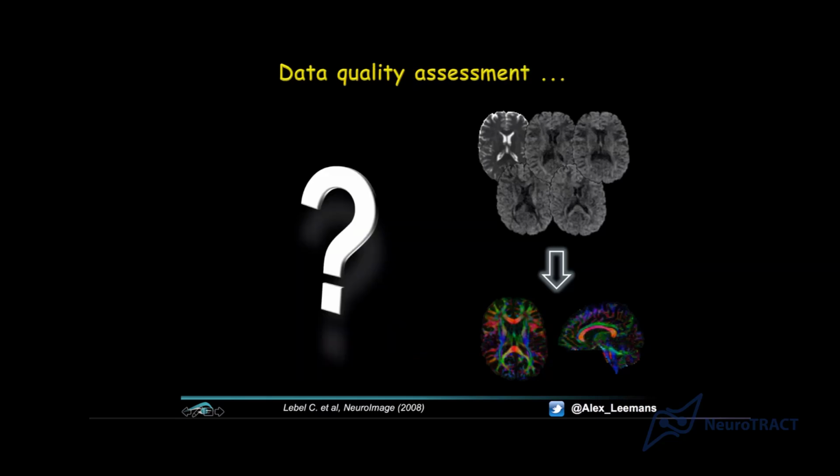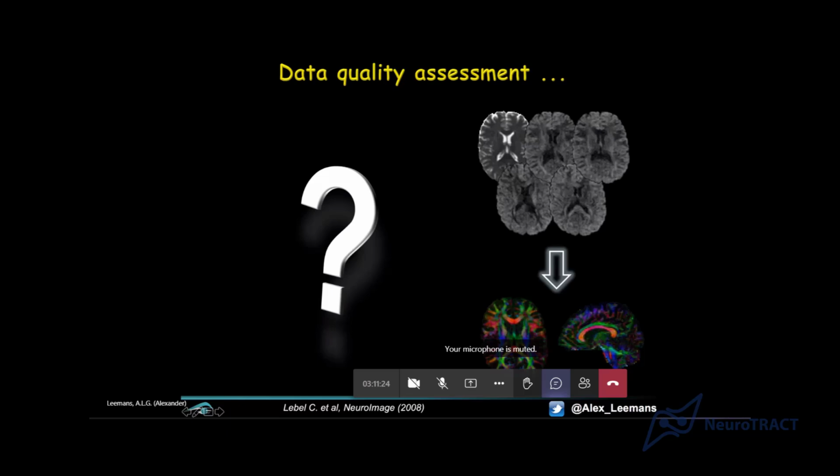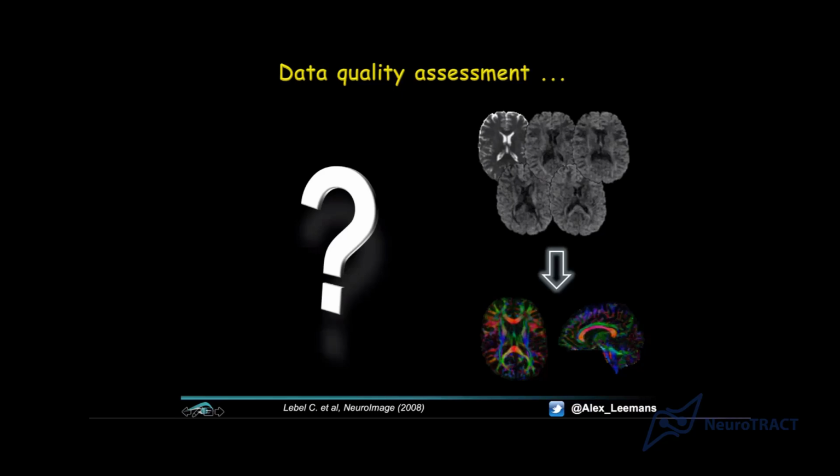But it's this first step, going from acquiring your data towards doing an analysis and choosing your model, that is typically neglected. Data quality assessment. When you acquire data, you need to be able to assess, is the data that I acquired good quality? Not from an acquisition point of view only, but also in terms of the processing. And this is something I will discuss in this talk.